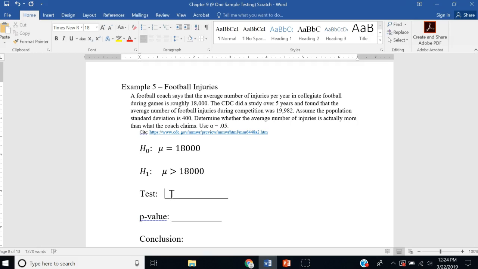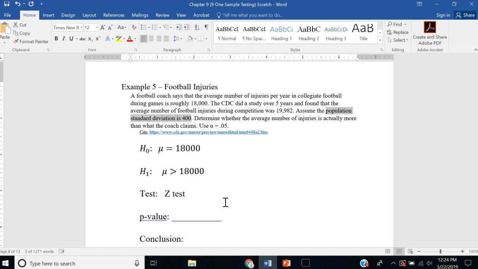Now, for this test, we want to use a z-test, and that's because I know the population standard deviation. Because it says I know the population standard deviation is 400, or I'm assuming it is, that's why we use the z-test. Entries on the z-test: mu sub 0 is 18,000.